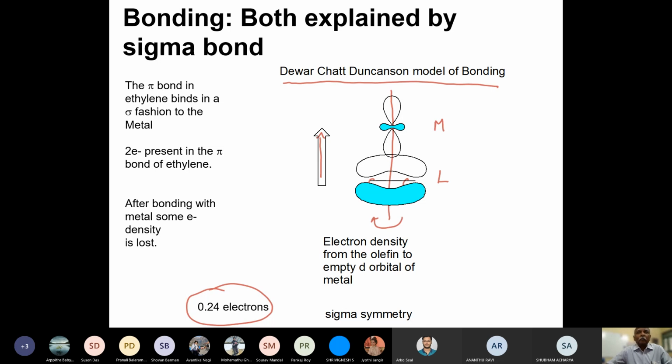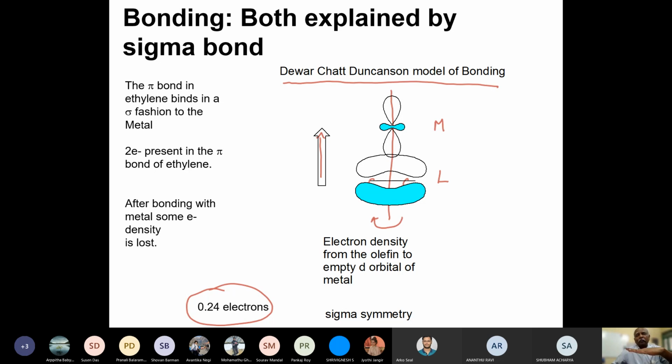Now, there are two electrons present on the pi bond of ethylene, and that is obvious. Suppose the olefin is centered on the Cartesian coordinates, at the origin.